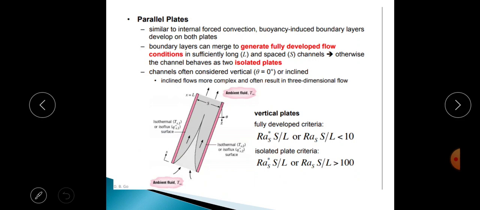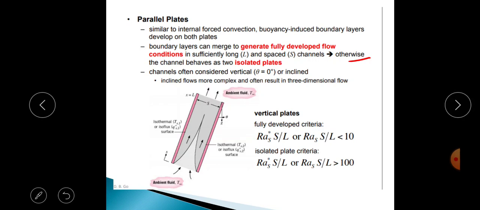Next, for the parallel plates, similar to internal forced convection, buoyancy induced boundary layers develop on both plates, and boundary layers can merge to generate fully developed flow conditions in a sufficiently long and narrowly spaced channel. Otherwise the channel behaves as two isolated plates.